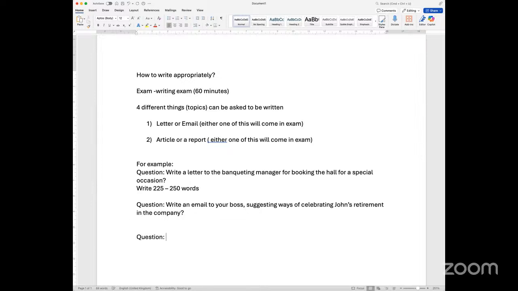Another question could be a passage given for writing an article. There could be some sort of example given, and I'll copy and paste an example here. Wait 1 second. Let me just get something on. So that could be something like this.